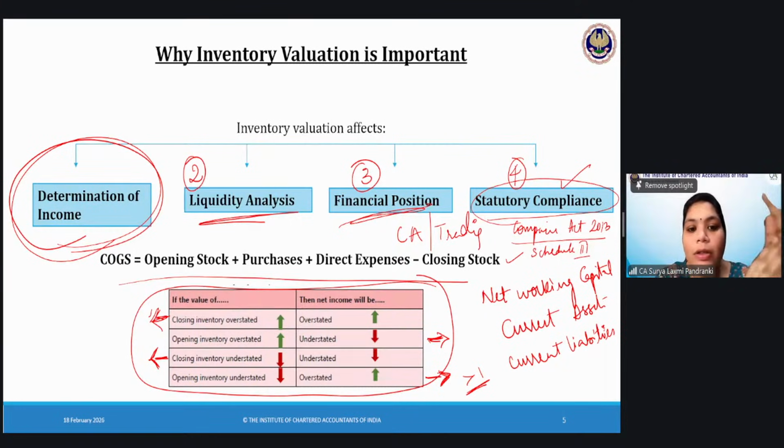When someone is asking you what is liquidity, when you are talking about it.